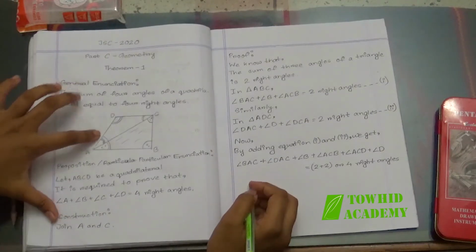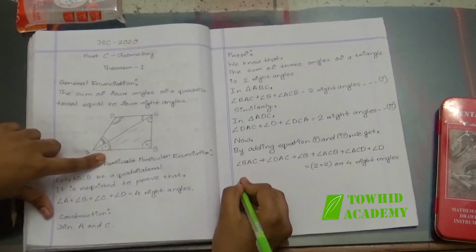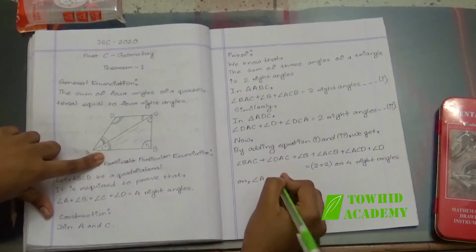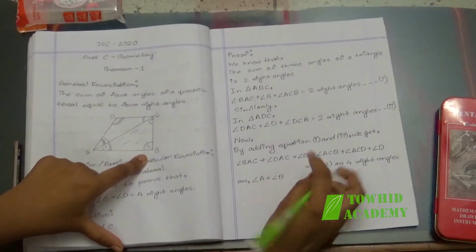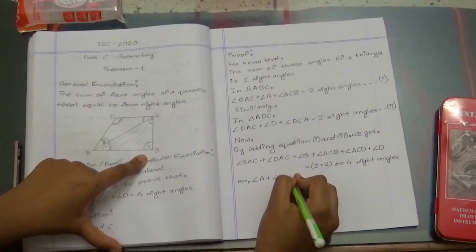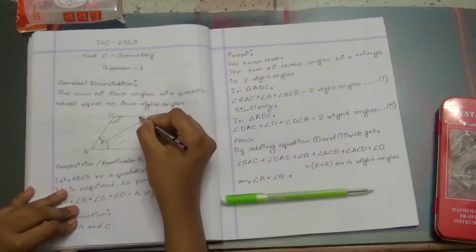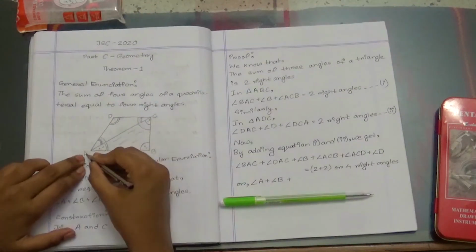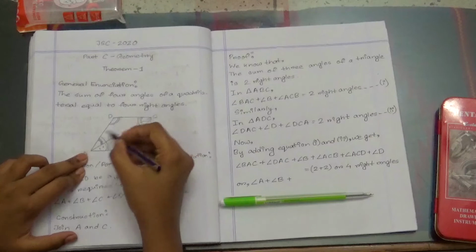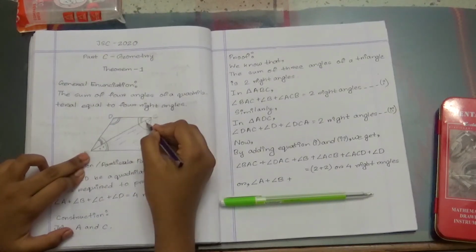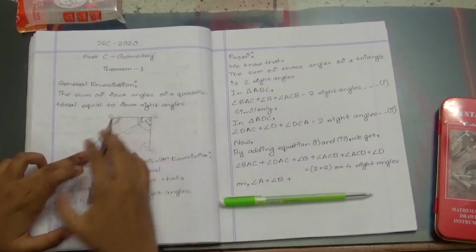So the whole, we will appoint into angle A, then plus angle B from here, then plus angle ACB plus angle ACD, which will be angle C. So this one and this one will be angle C.